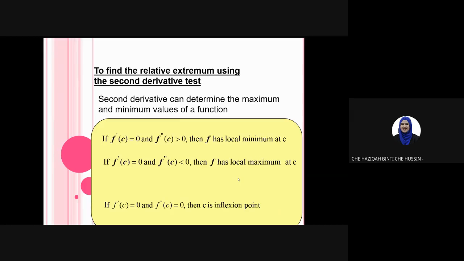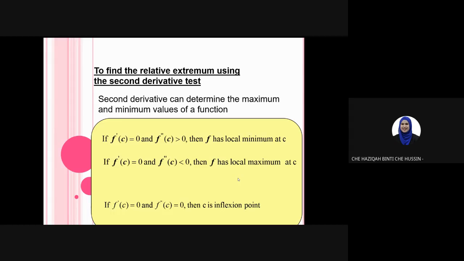We continue to find the relative extremum by using the second derivative test. The second derivative can determine the maximum and minimum values of a function. If f prime c equals 0 and f double prime c is greater than 0, then f has a local minimum at c.